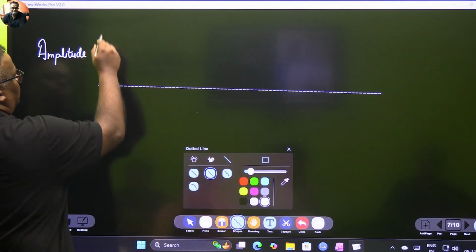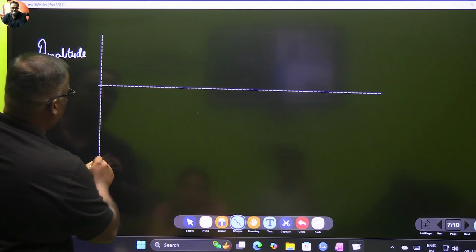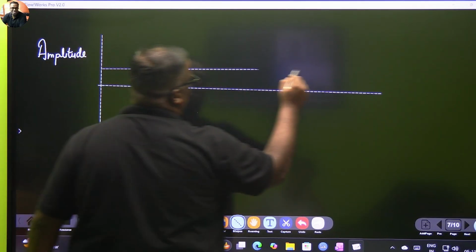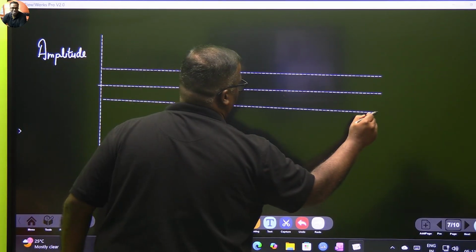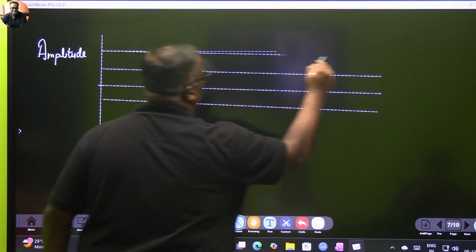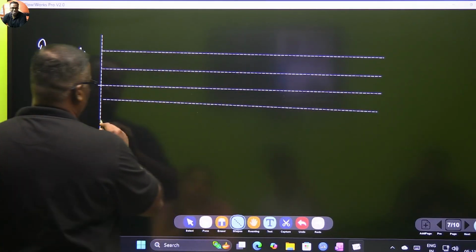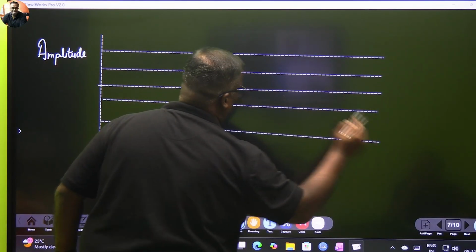So amplitude is a measure of how much is the displacement, right? So let's pick up some waves. Okay, 90 degree.